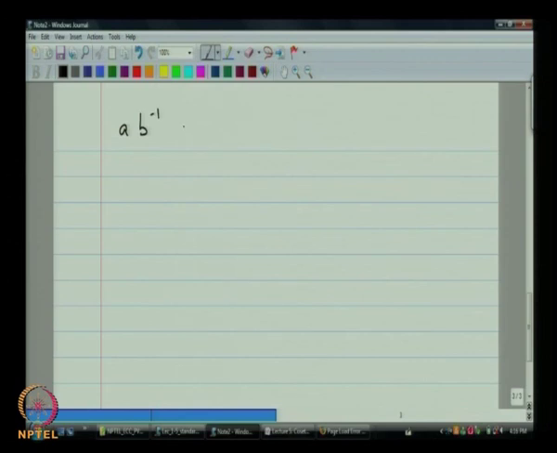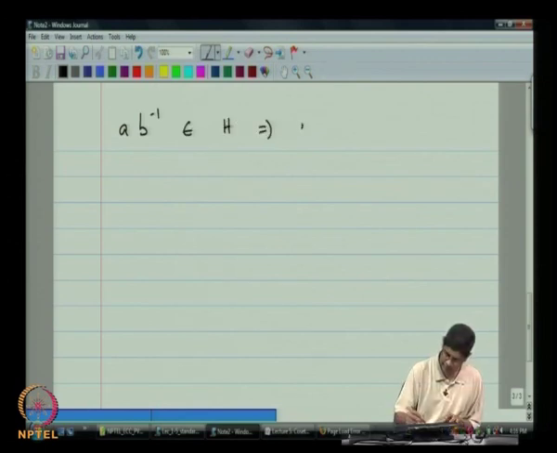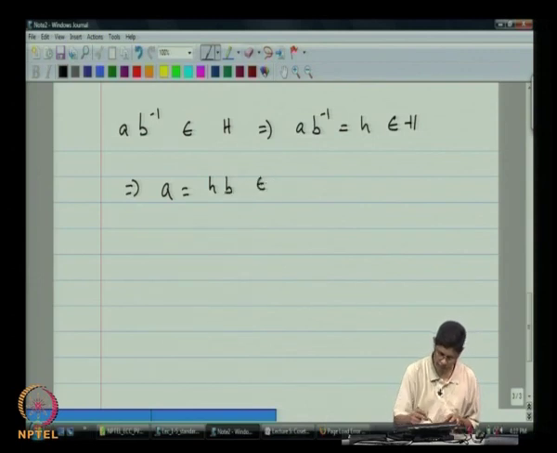A B inverse is in H implies that A B inverse is equal to h for some element h in H, which implies that A is equal to h B for some h in H.